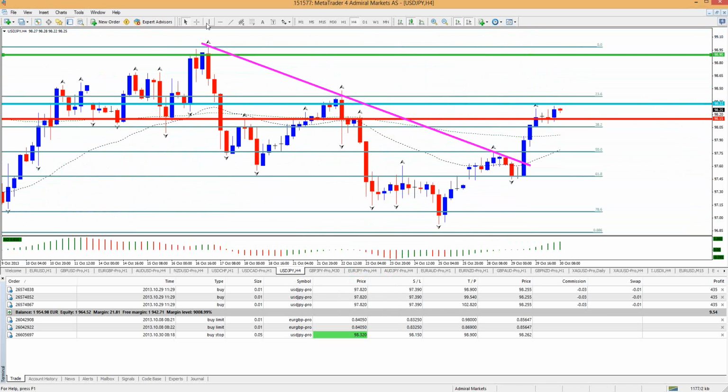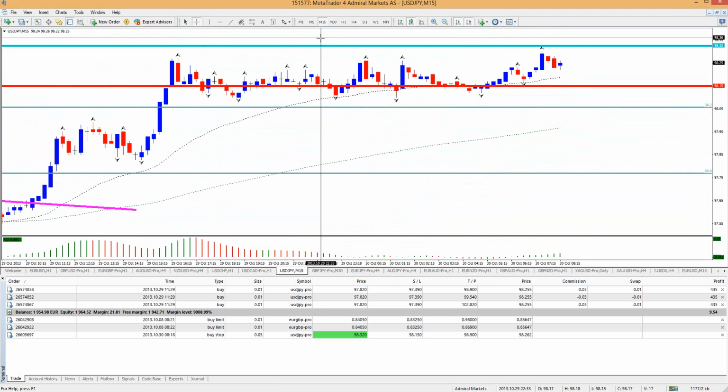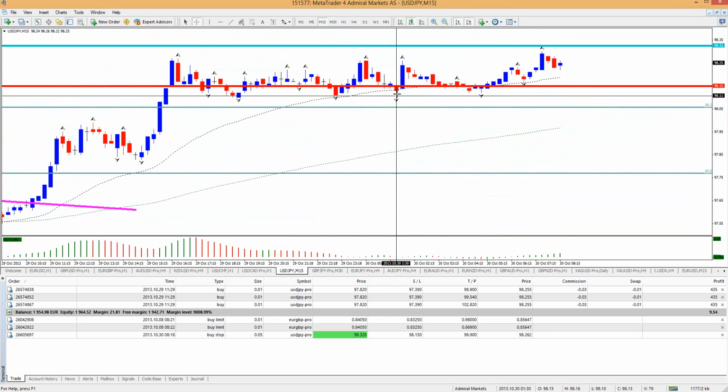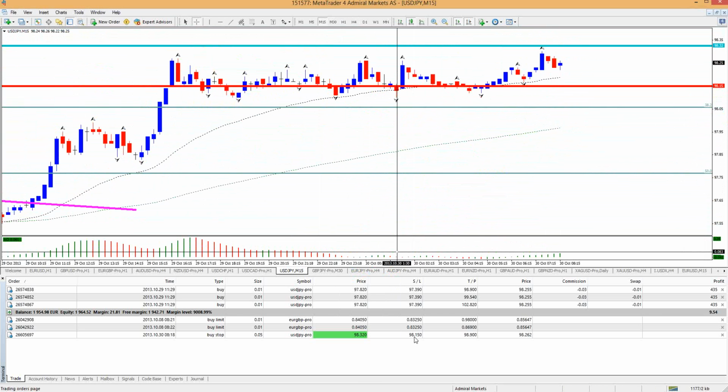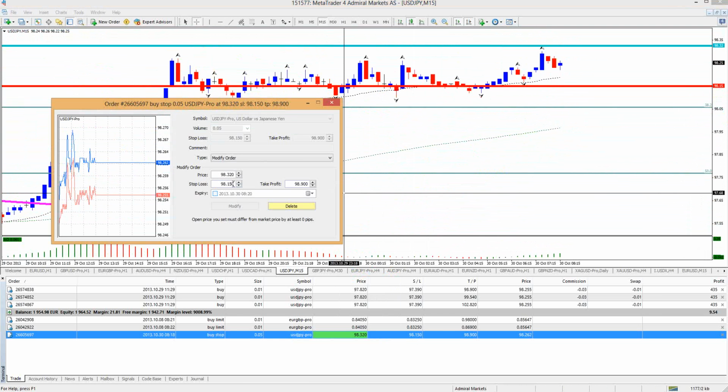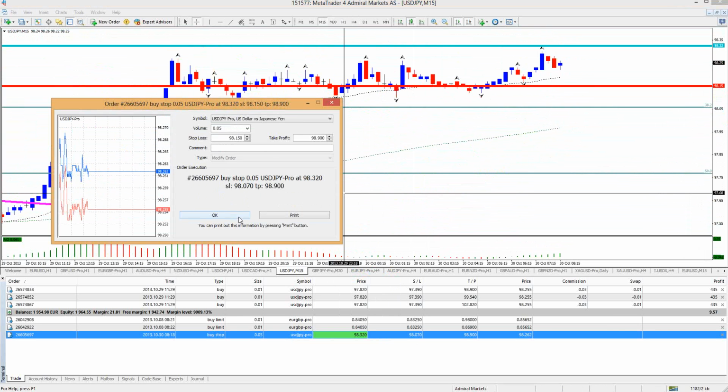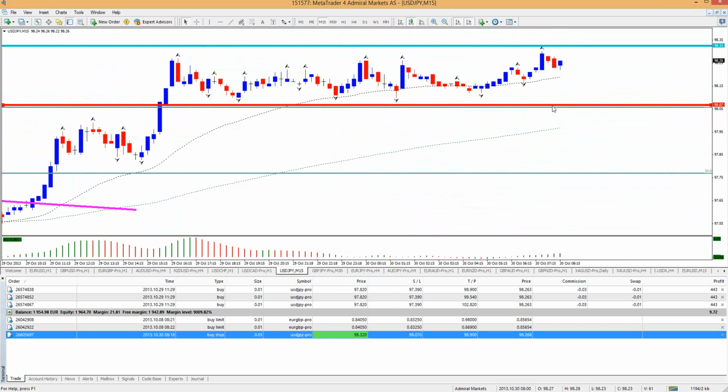Maybe you could even use the 4-hour low, I don't know. It could be a bit safer. Yeah, that would probably be better. I'll move that stop loss. Those 8 pips don't matter that much. So, one second. All right.